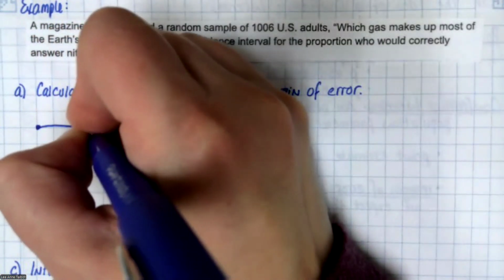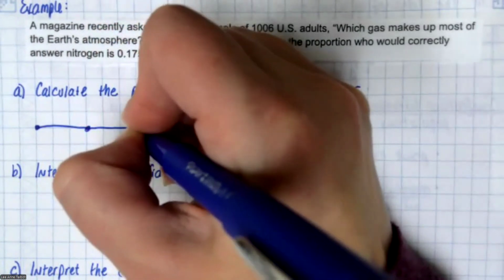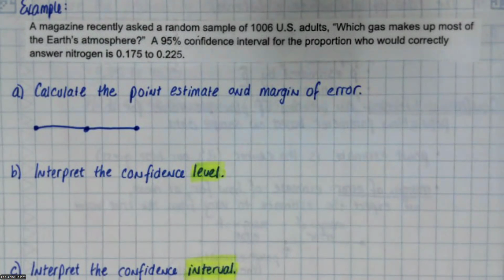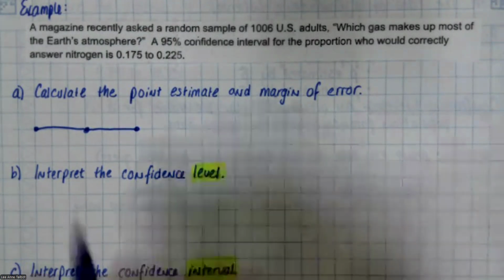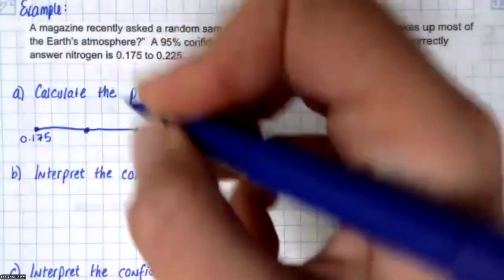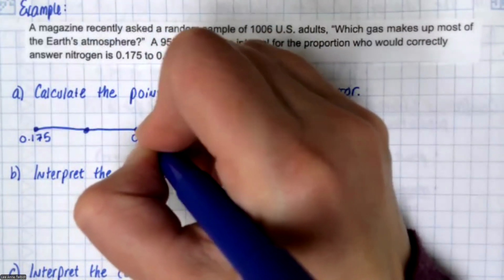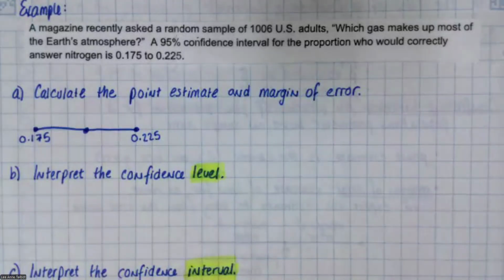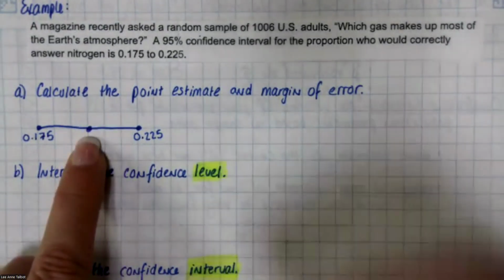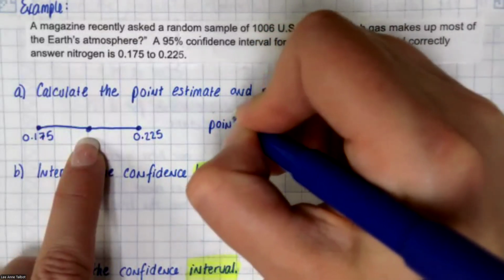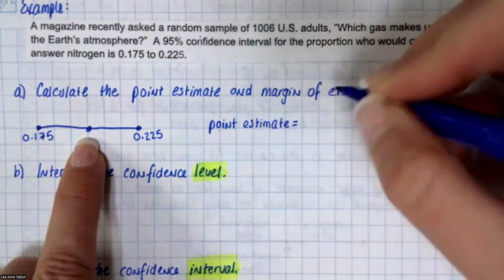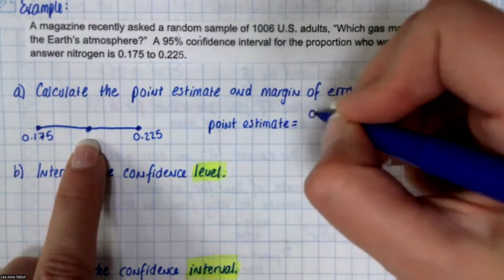So everybody draw the picture of a confidence interval. Just make sure that it's symmetric on both sides. I went out 3 boxes on both sides. Okay, and the low is 0.175 and the high is 0.225. Calculate the point estimate and the margin of error. This is the point estimate, and what we want to do is average them.